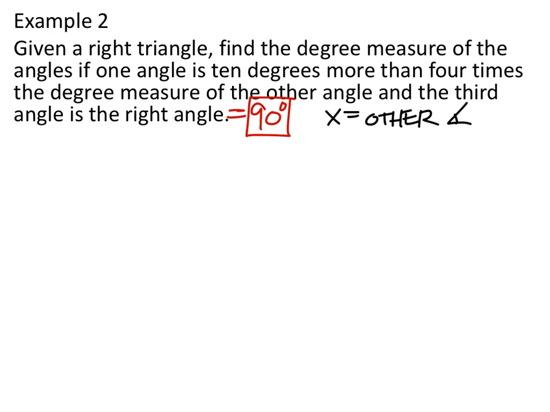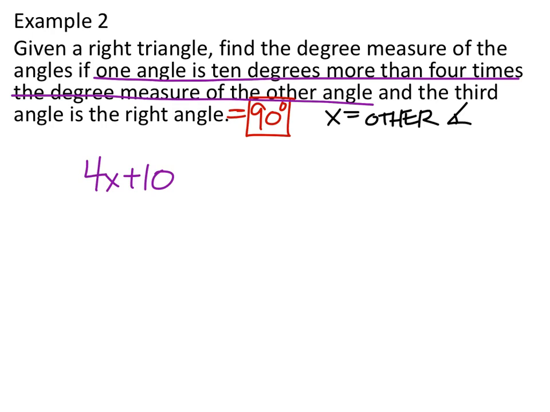Find the degree measure of the angles if one angle is 10 degrees more than 4 times the degree measure of the other angle. Okay, so from that, we see that it's 10 degrees more than 4 times the other angle. So I would take 4 times the other angle, and it's 10 degrees more than that, so I would add 10 to that, and that will give me that value.